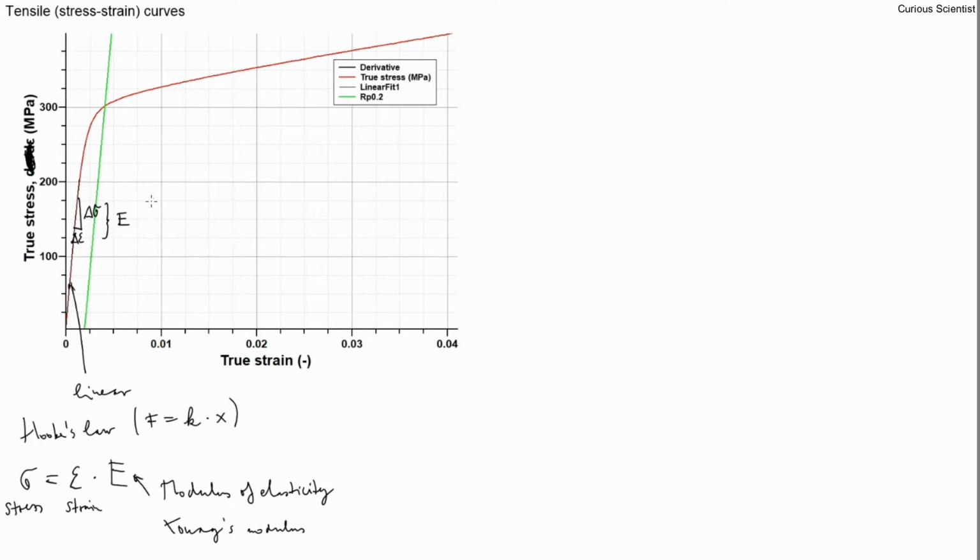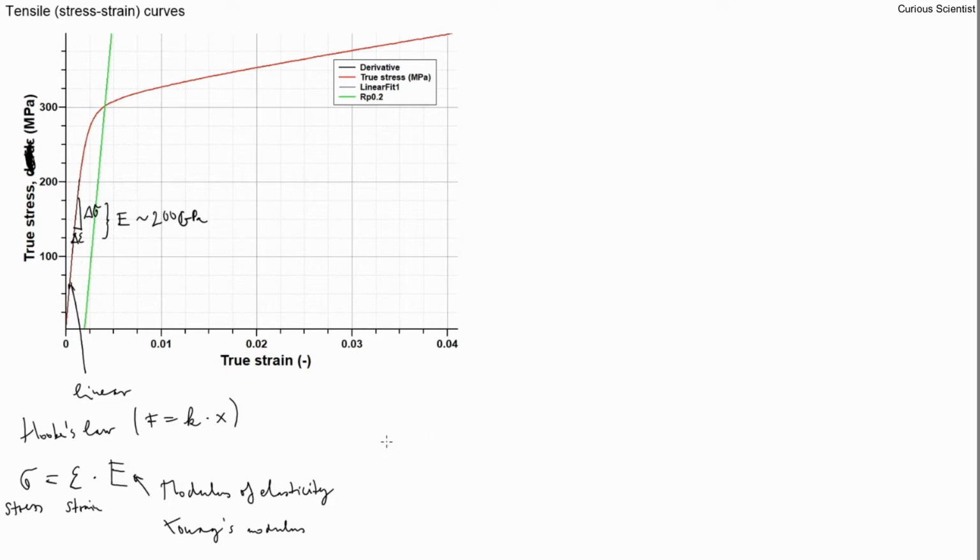In the case of steels, it's roughly 200 gigapascal. I also made this green line here, and I will tell you what it means.